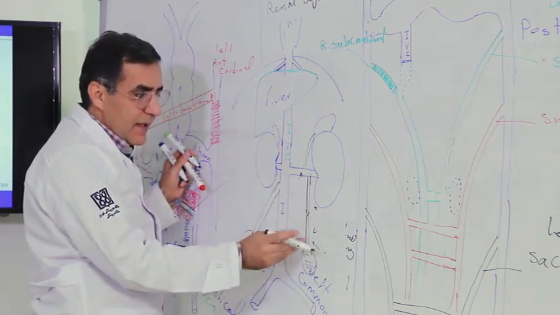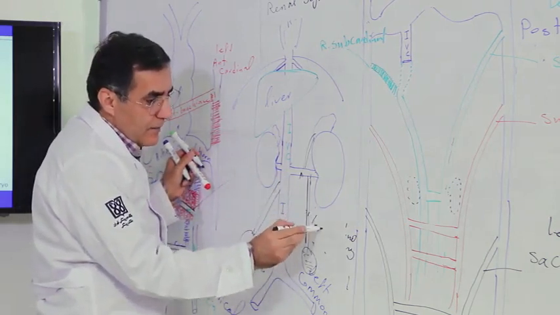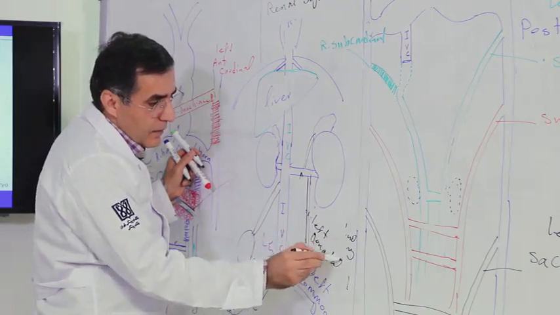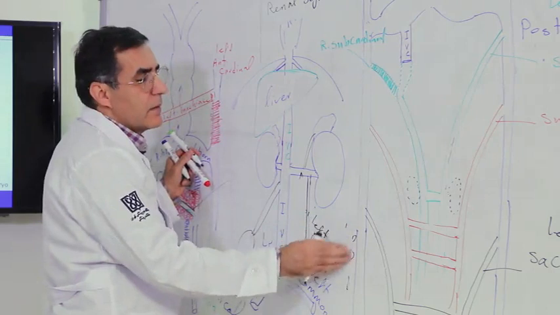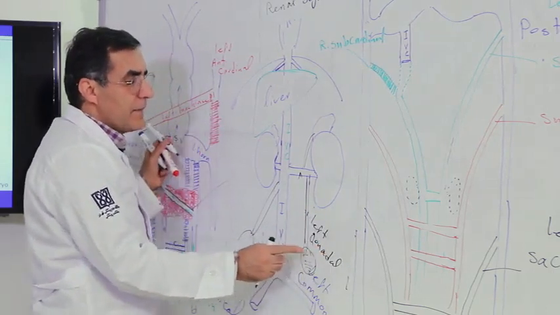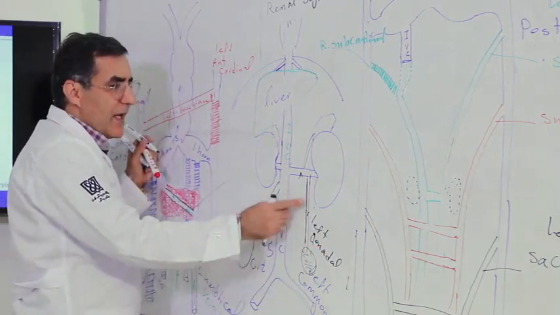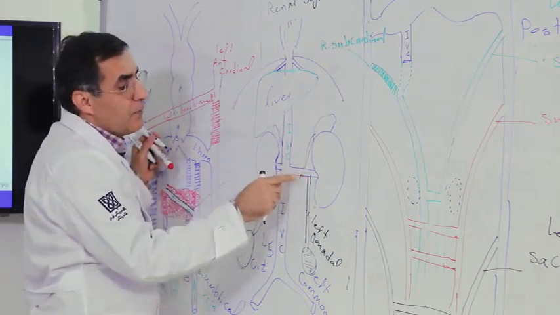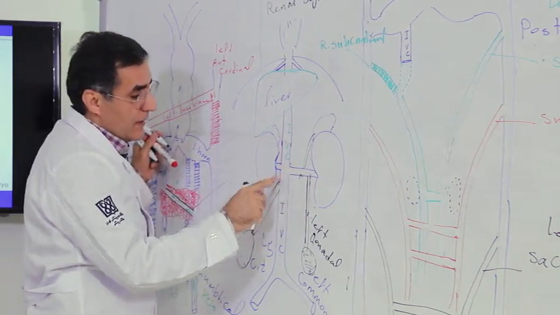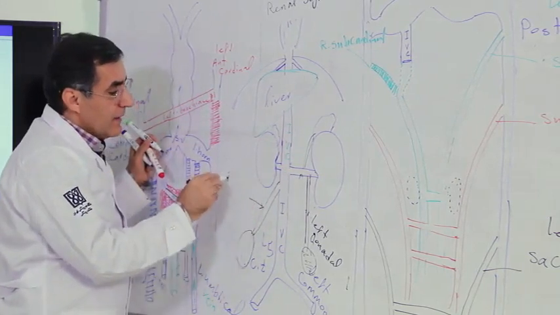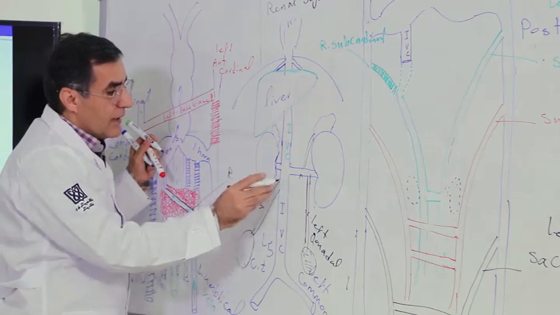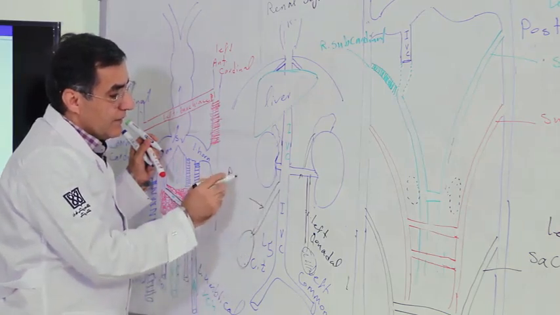On the left side, the left gonadal vein, it means the left ovarian or left testicular vein, drains to the left renal vein and drains by the left renal to the IVC. But on the right side, the gonadal vein directly drains to the IVC.